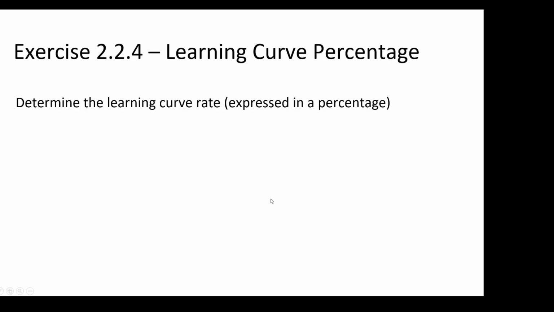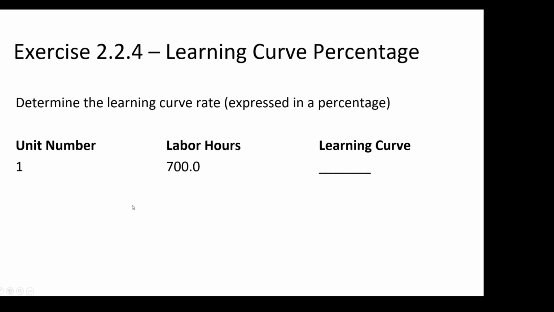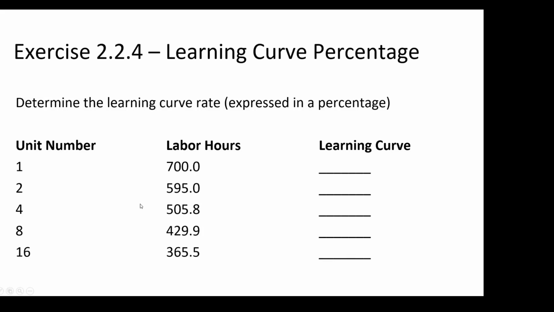Then the other way, it might ask you for the learning curve percentage. Remember, on the exam, you are not allowed to use a calculator or phone. You have to use a pencil, an eraser, and a blank sheet of paper. So how do I do that with these big numbers? You might forget how to do long-hand division, like me. So I take a shortcut.